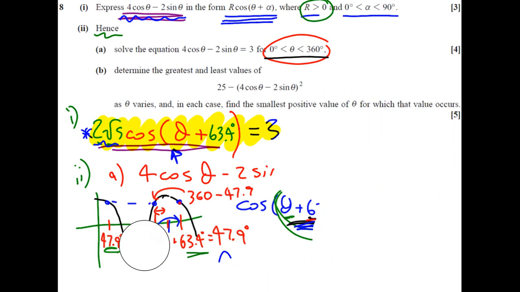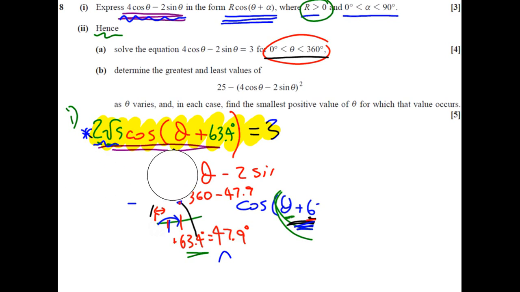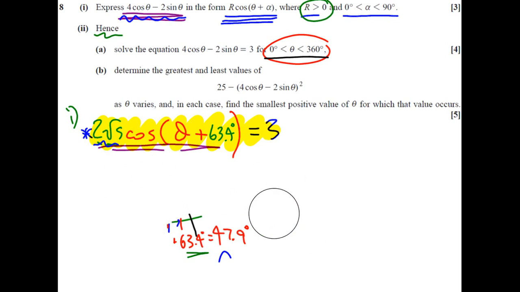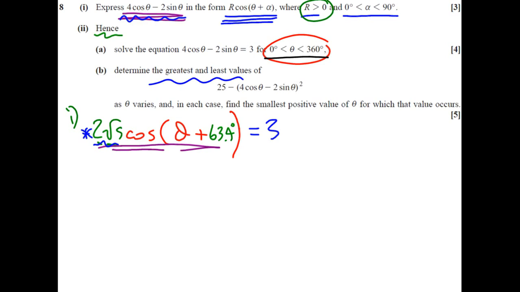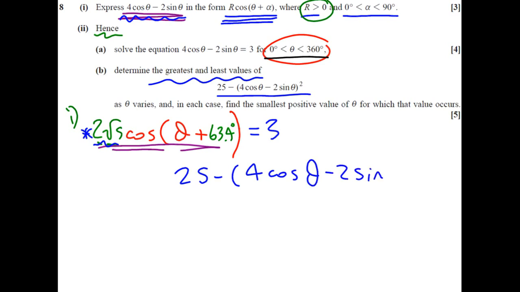This is all about knowing your graphs and about trigonometric graphs. Okay, I'll move that highlighted stuff in case that's getting in the way. So, determine the greatest and least values of 25 minus 4 cos theta minus 2 sine theta squared.